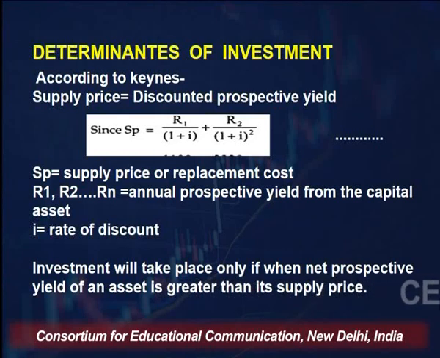So investment will take place only when the net prospective yield of an asset is greater than its supply price. Because whatever we are investing today, like the example I gave you, suppose today we are investing 50 lakh rupees in the business. So 50 lakh rupees is the supply price of that business.